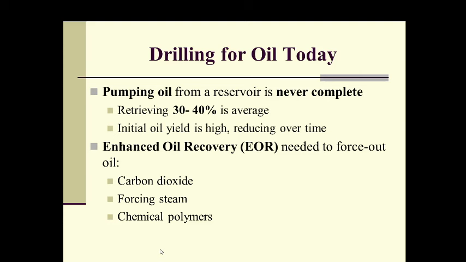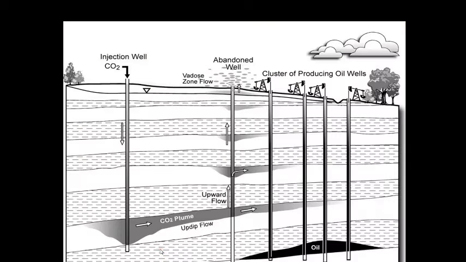Here is an example of how you would do the forced pumping. You have an injection well off to the side of the reservoir that pumps, in this case, carbon dioxide over towards the producing wells.